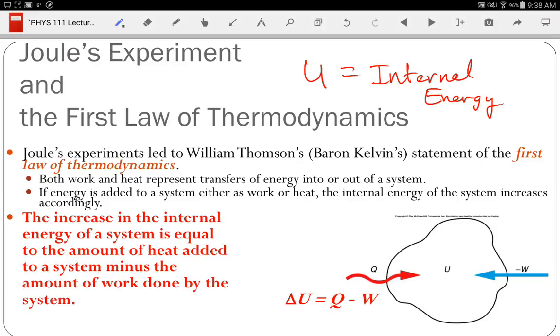So that internal energy is going to include the kinetic energy of molecules moving around, the energy of bonds holding molecules together, those kinds of things. All of that is included in the internal energy. And then if energy can't be created or destroyed, the internal energy can only change if you put energy in or take it out. And we have 2 mechanisms for transfer of energy.